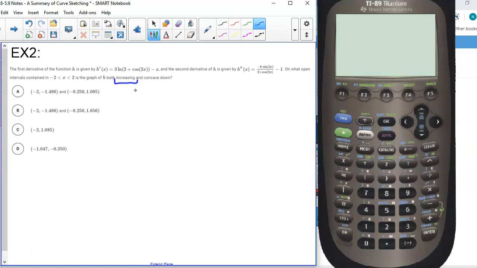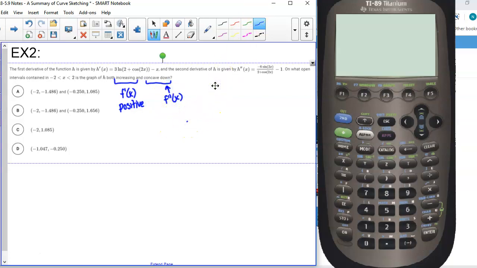Alright, so this increasing tells us that the first derivative is positive. And then concave down, what does that tell us? Concavity, Justice, which derivative do we look at for concavity? Second derivative. And if we're concave down, what does that tell us about our second derivative? Negative.